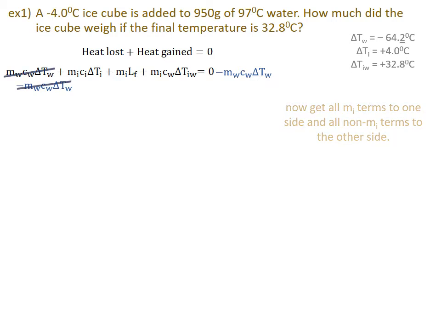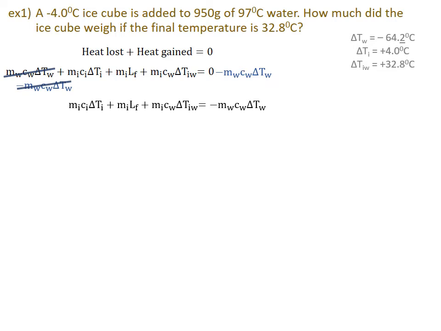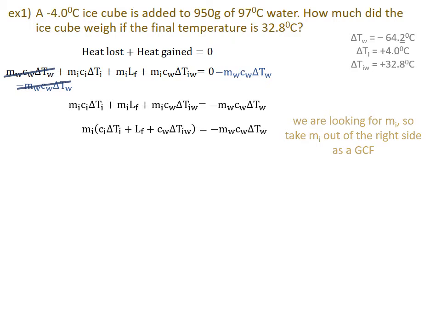So on the left-hand side, they will cross out, and I wind up with MI terms on the left, non-MI terms on the right. Now, I'm going to take out MI as a GCF, my greatest common factor. So all the terms on the left have an MI, so if I take an MI out of each term, I wind up with this.